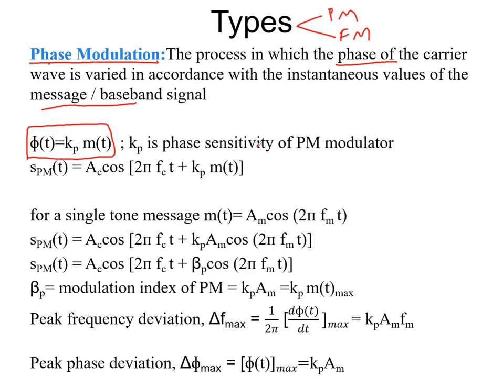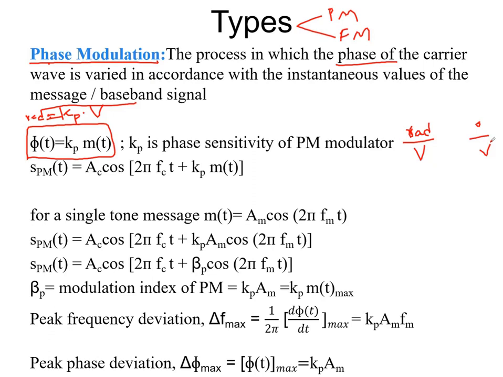And if you want to know what its units may be, obviously we can simply apply here. This is in radians. Radians equals kp multiplied with a certain constant, some message, volts. That's why the units for kp may be of the form radian per volt, or maybe you may call it degree per volt, whatever it may be.